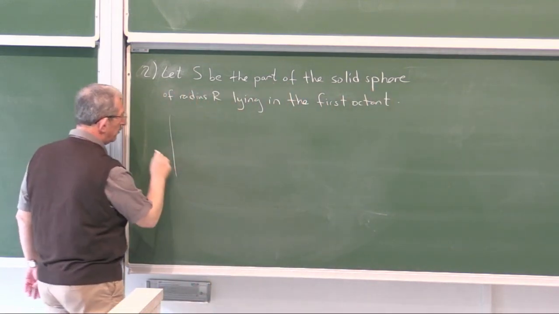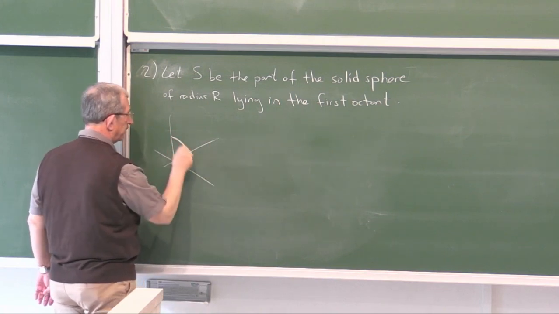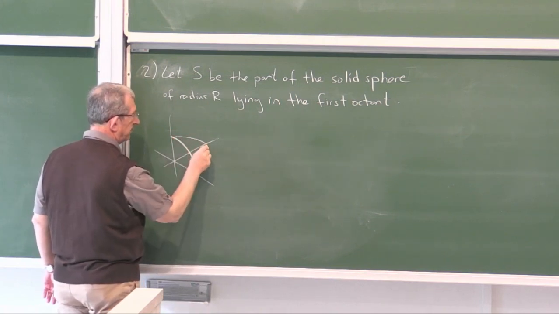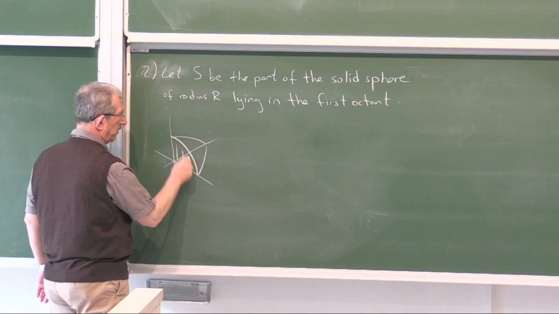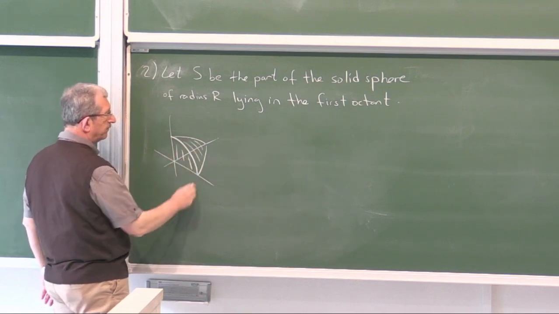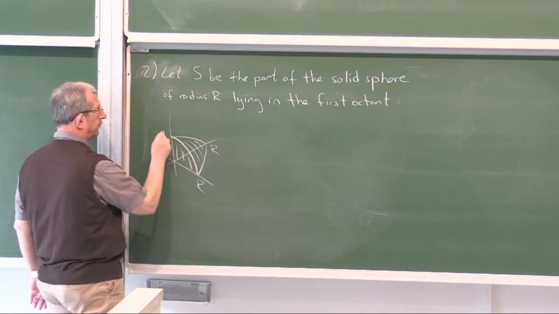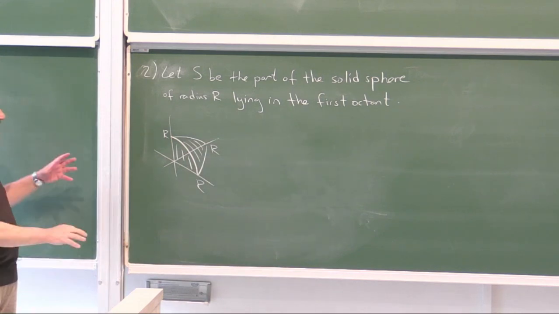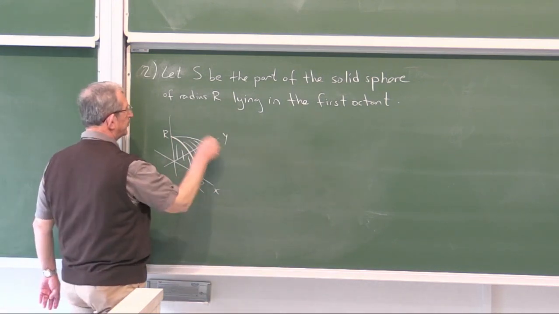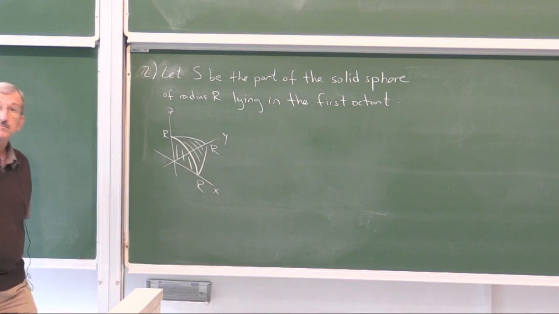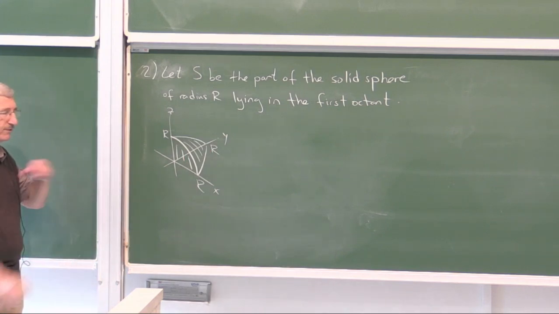So the picture now looks like the following. It's a sphere, up to r. But now it lies in the first octant. So it's 1/8 of this sphere.